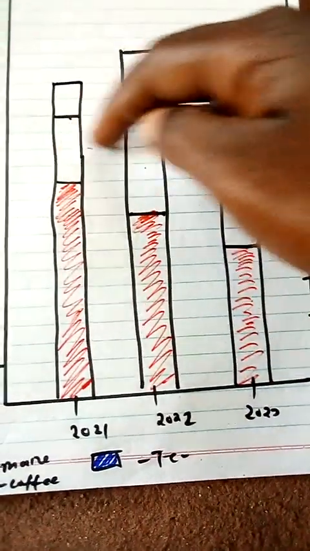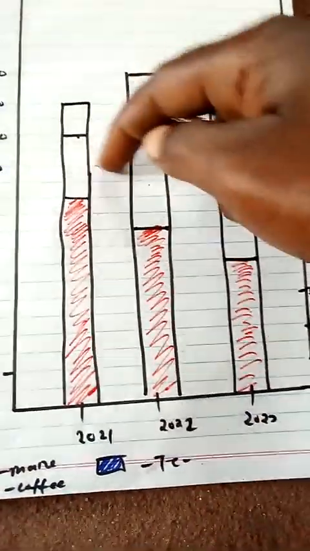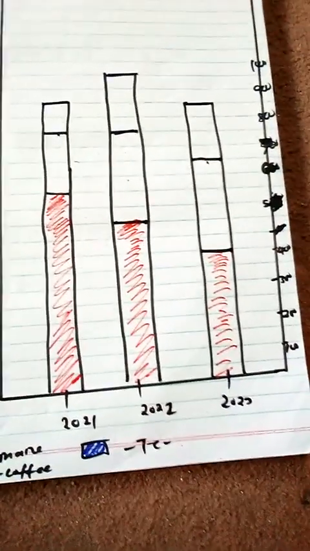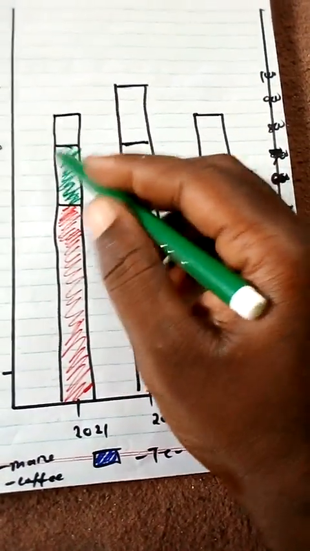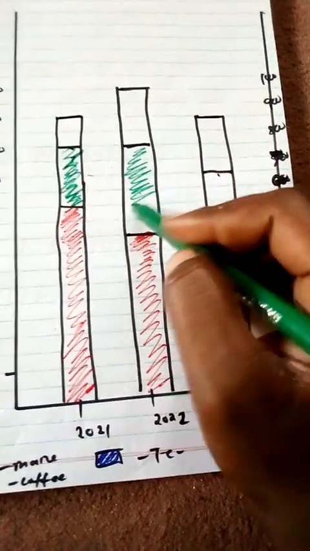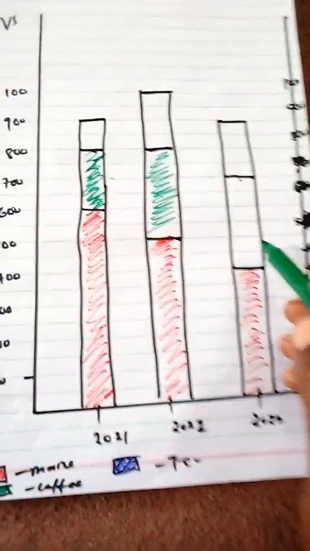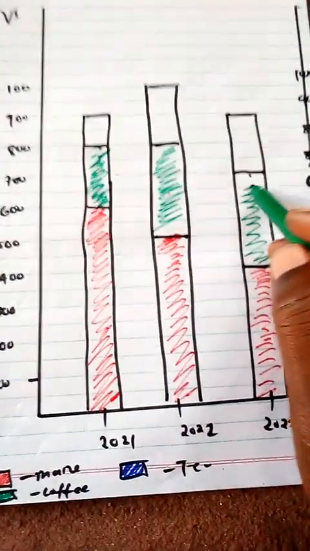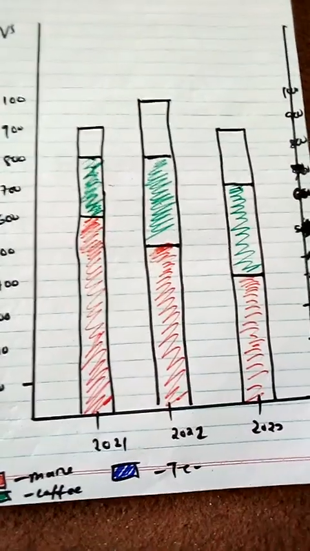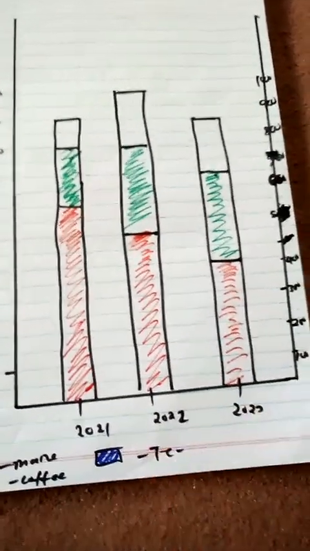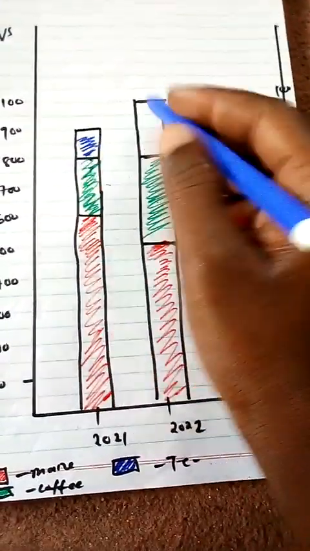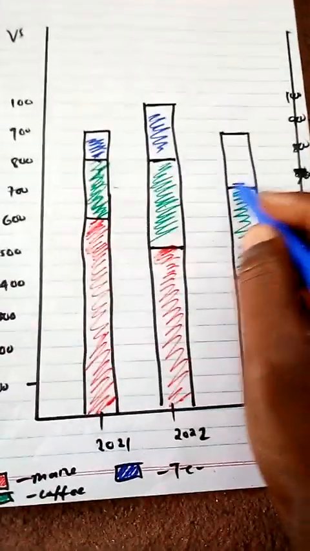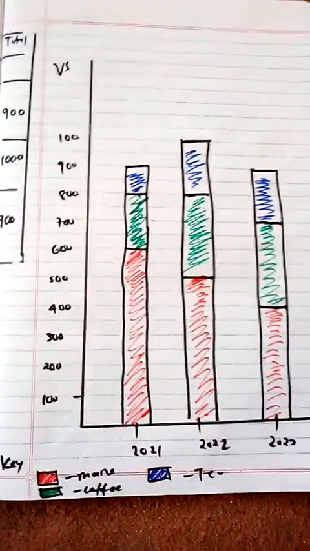The second portion here is represented by coffee, and I've chosen a green color to represent coffee. So I'll shade these parts to represent coffee. And the last portion is tea, for which I've chosen this color. So I will add it up there. So finally, your graph will look like this.